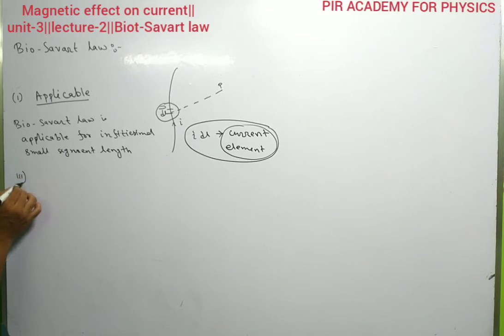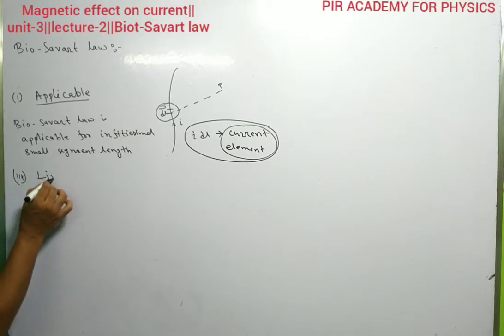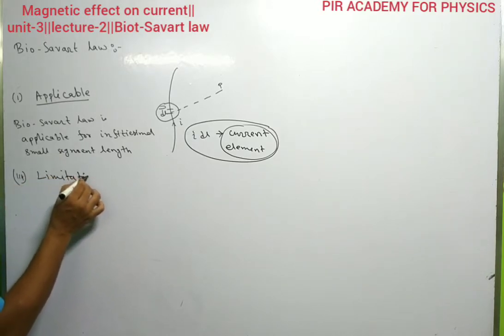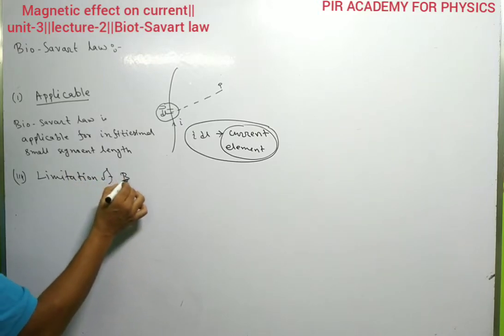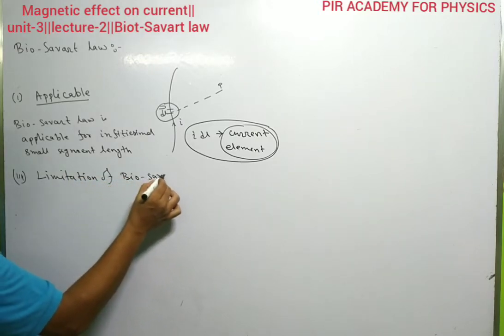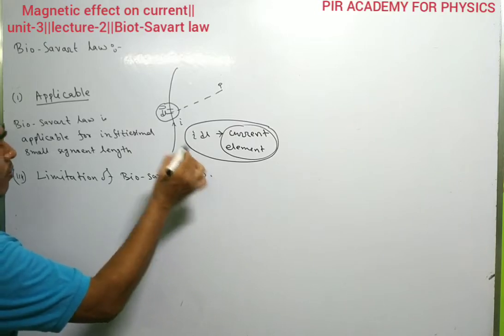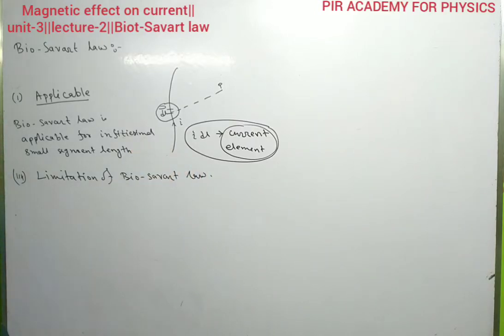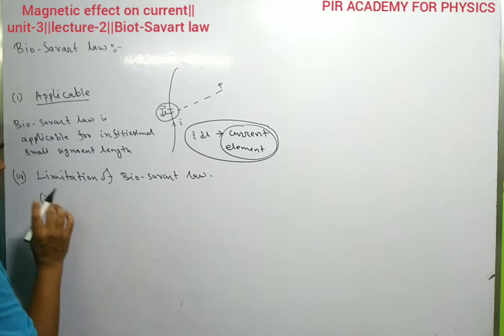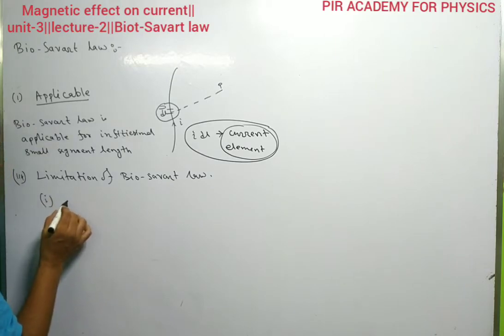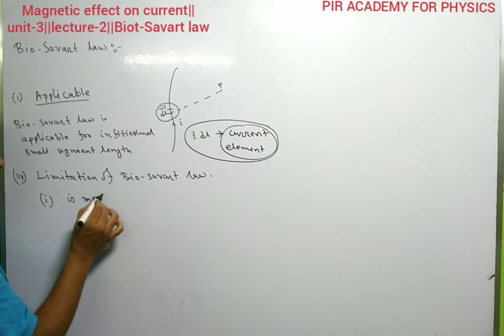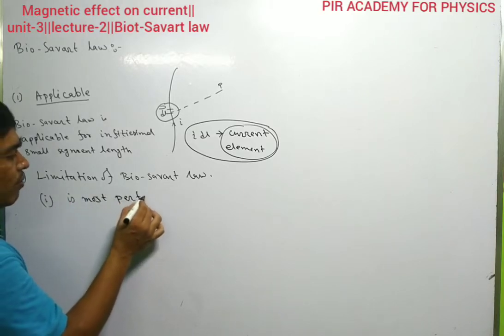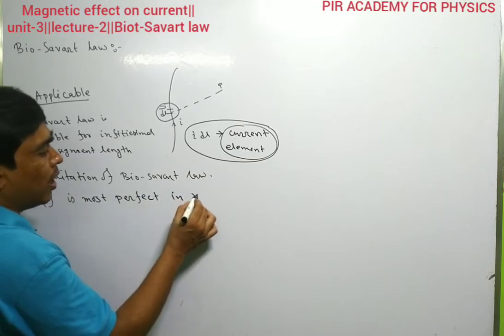Number 2, the limitation of Biot-Savart law. What is the limitation? The law is most perfect in vacuum.